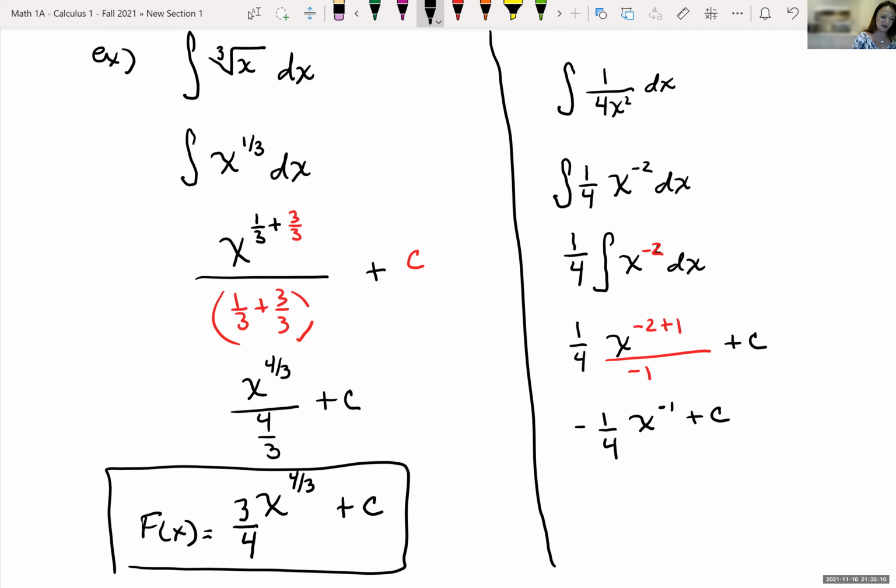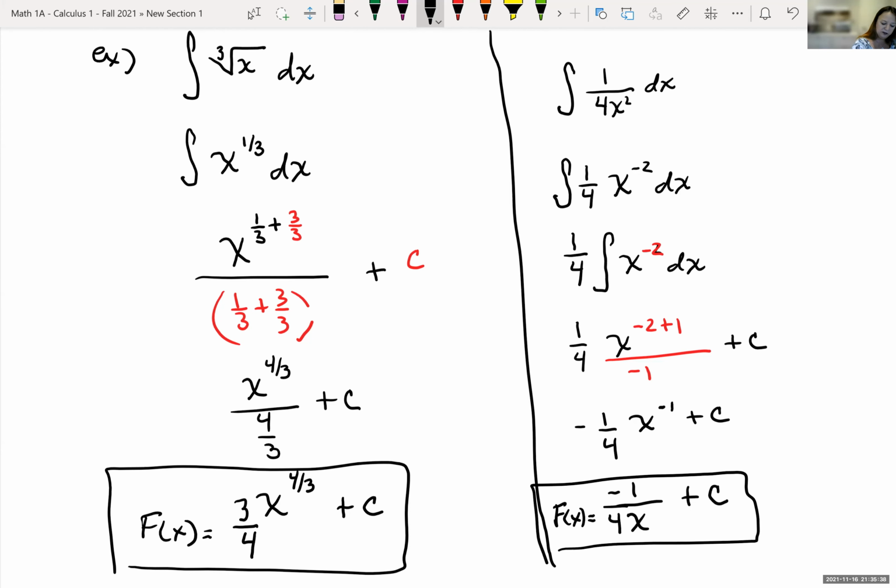So because we started with our integrand with that variable down in the denominator, I would rewrite this, bringing down that piece with a negative exponent to make the exponent positive. We have -1 all over x to the first power. I don't have to write that. I need that 4 in front too. So -1 over 4x plus c. So again, all of these we can go backwards, take the derivative of what we found. And if we take the derivative of what we found, we should get back our integrand.